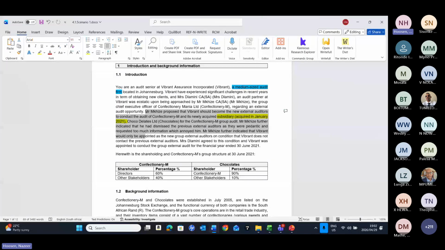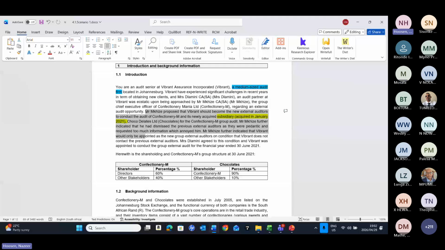Okay, so when you see weird things like this, if auditors are pedantic and request too much information, isn't that what auditors should do? Does anyone feel otherwise? Yes, I agree. They should do that.